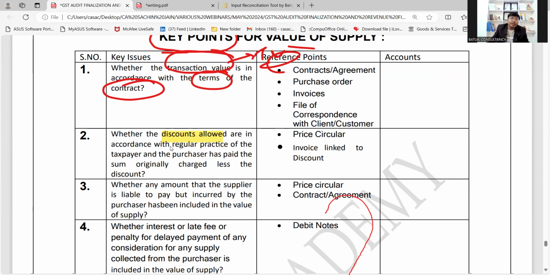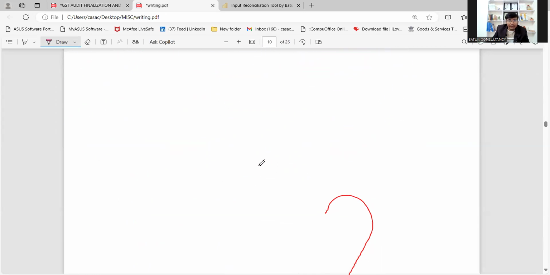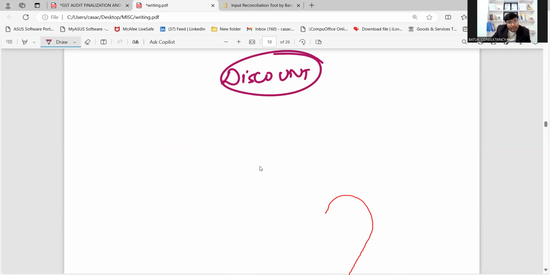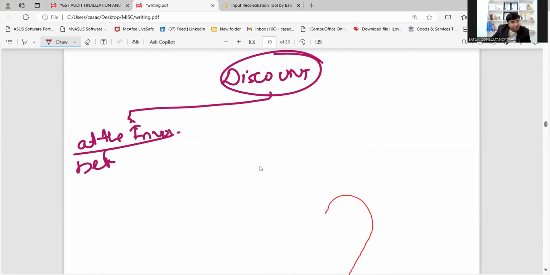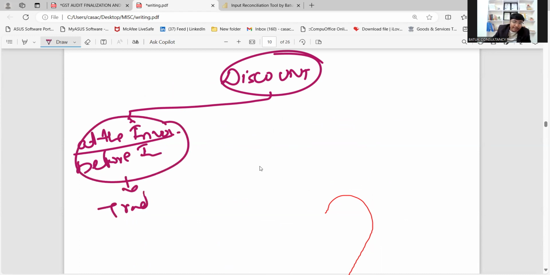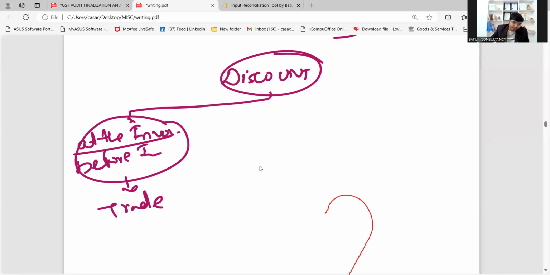If there is any discount allowed, in that case we just need to check that this discount is at the time of invoice or before invoice, then that discount is to be treated as trade discount.